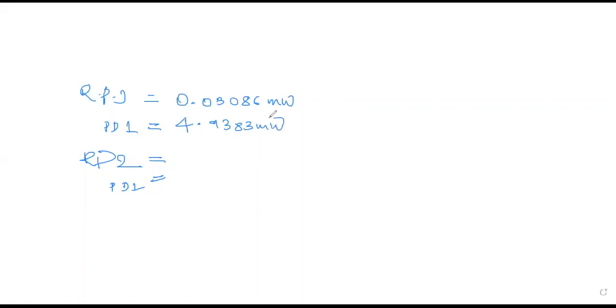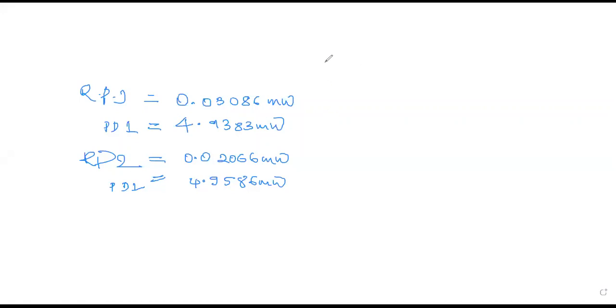And the next, that is reflected power at port 2, is 0.02066 milliwatt. The power delivered is 4.9586 milliwatt. Just check out the answer, those who have solved. If you have not solved, try to solve it.